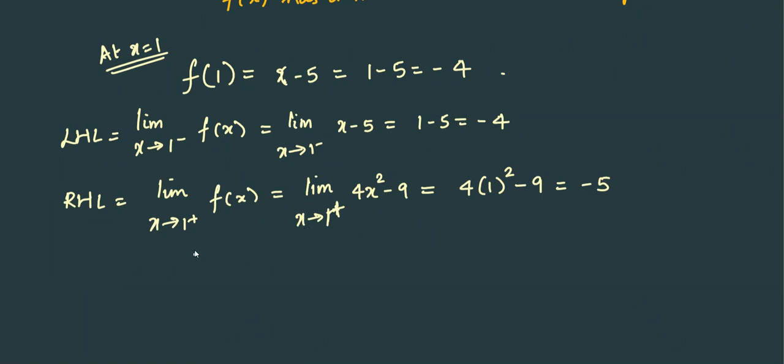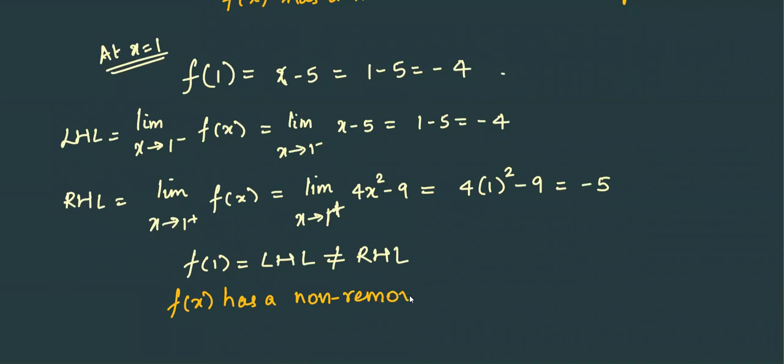So again the left hand limit is equal to the function value but not equal to the right hand limit. So again you have a non-removable discontinuity at x equal to 1. So are you understanding how we are applying the problem?